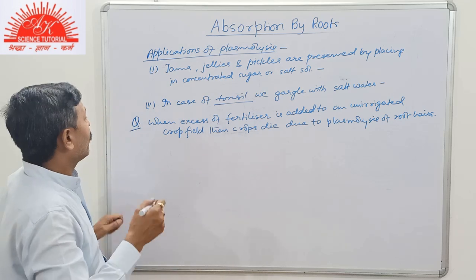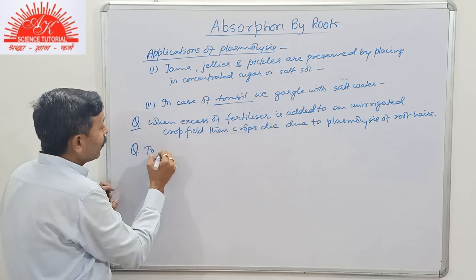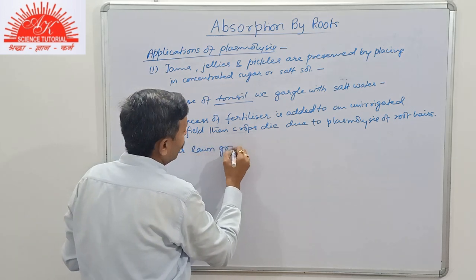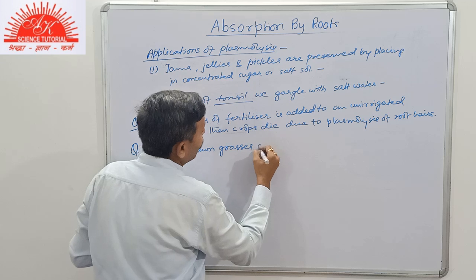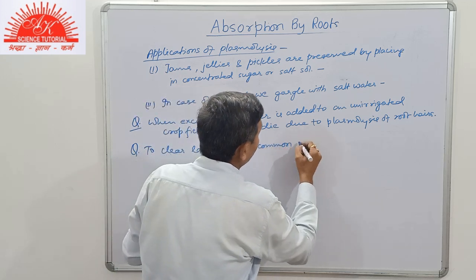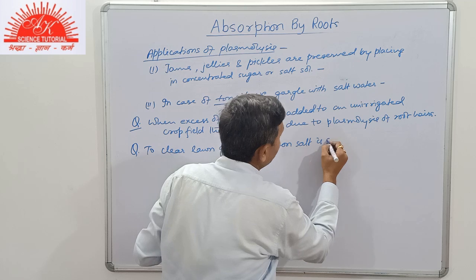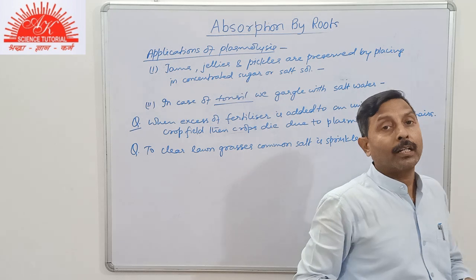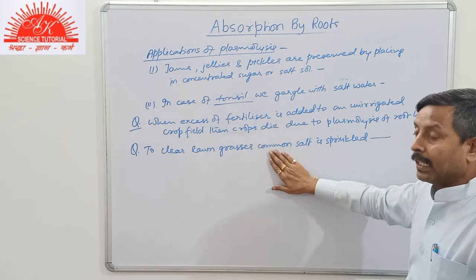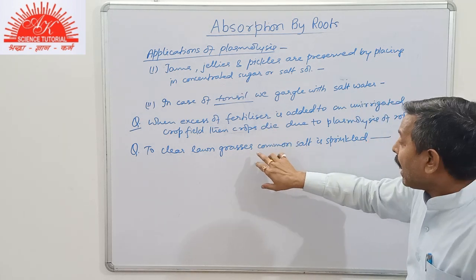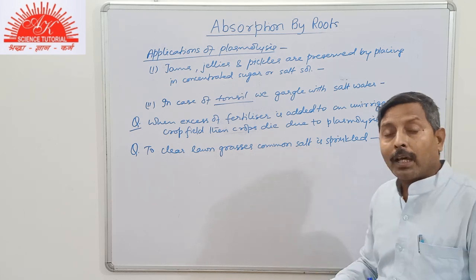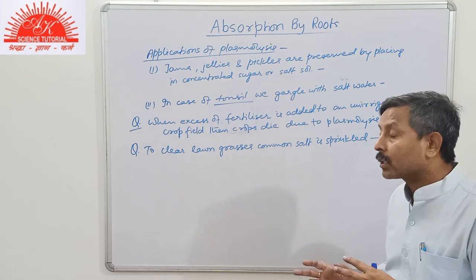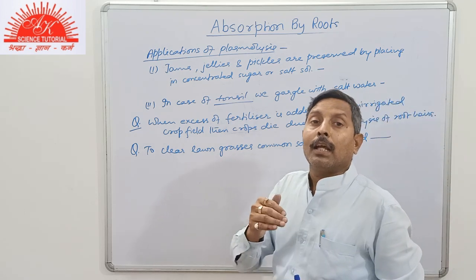Clear, student? Now, one more question. To clear lawn grasses, common salt is sprinkled. Now, what is the reason behind it? The same answer has to be written here. That is, when we add common salt into the soil, it dissolves in soil water, forming a hypertonic solution around the root hair cells.